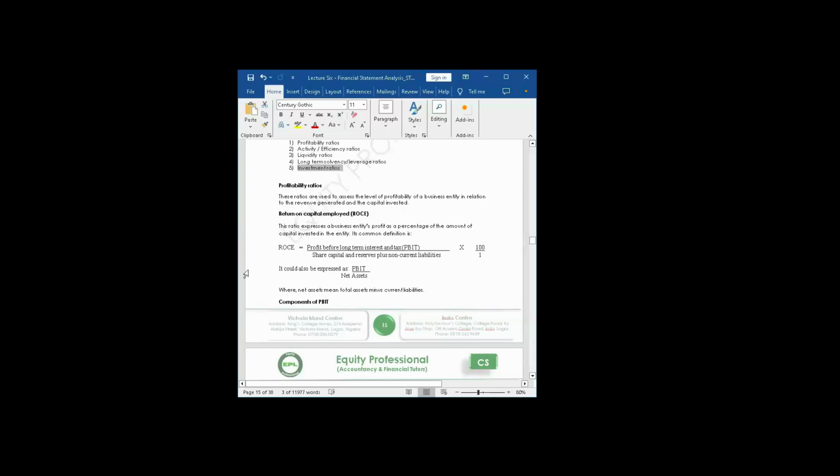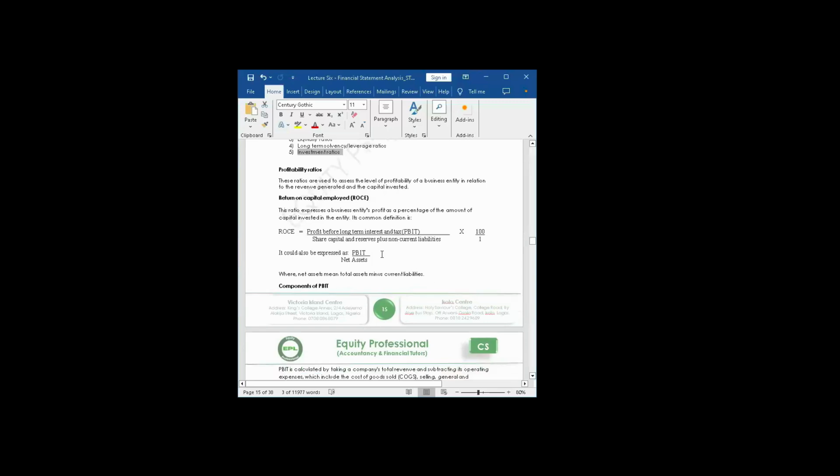The formula is profit before interest and tax over share capital plus reserve plus non-current liabilities, which is also the same as profit before interest and tax over net assets.